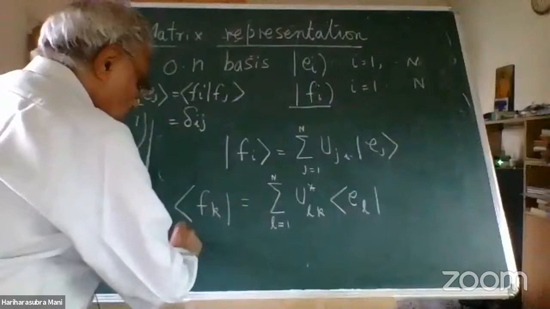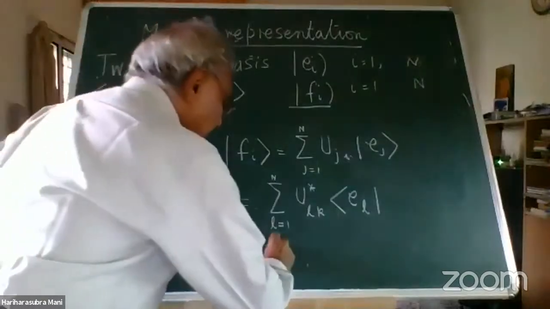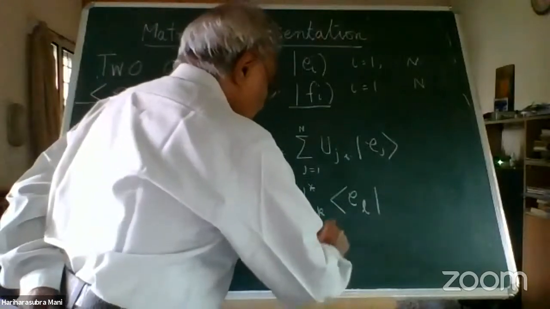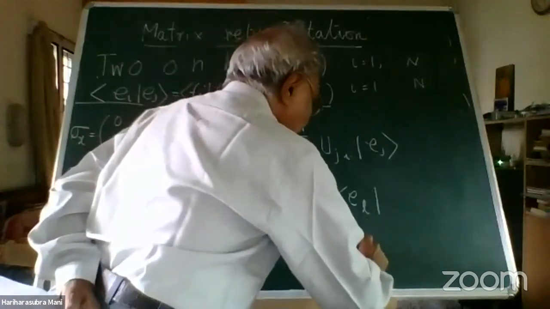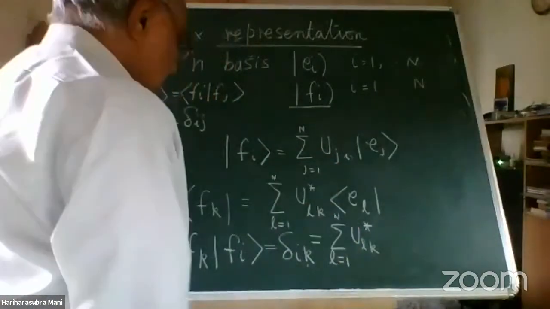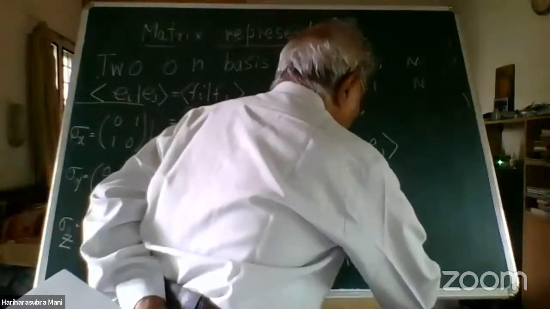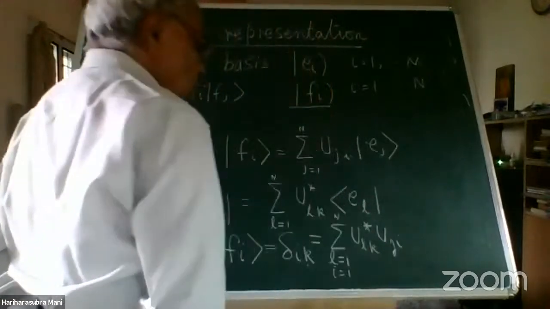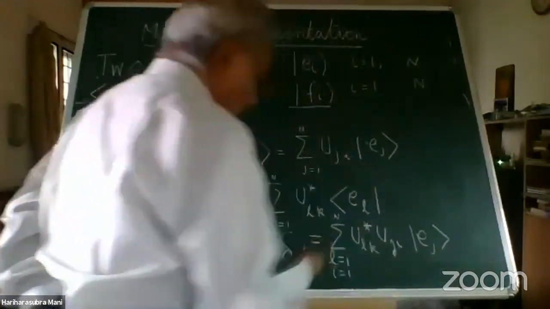Now I multiply these two, get the scalar product. This must be delta_ik, which is equal to summation L going from 1 to n U_Lk star, and this number E_L I have written down, and then for F_i I write U_ji, that is summed again from 1 to n E_j, and I forgot to write my E_L.